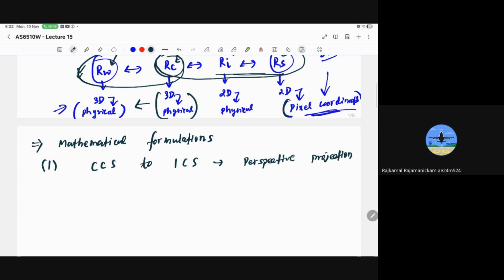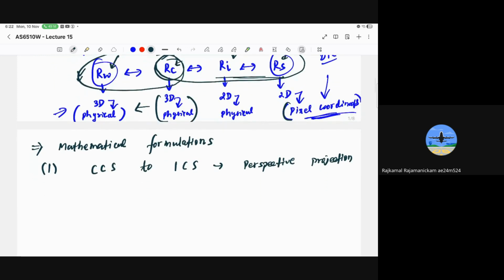The coordinates for a point in the camera coordinate system are XC, YC and ZC, and in the image coordinate system are XI comma YI.